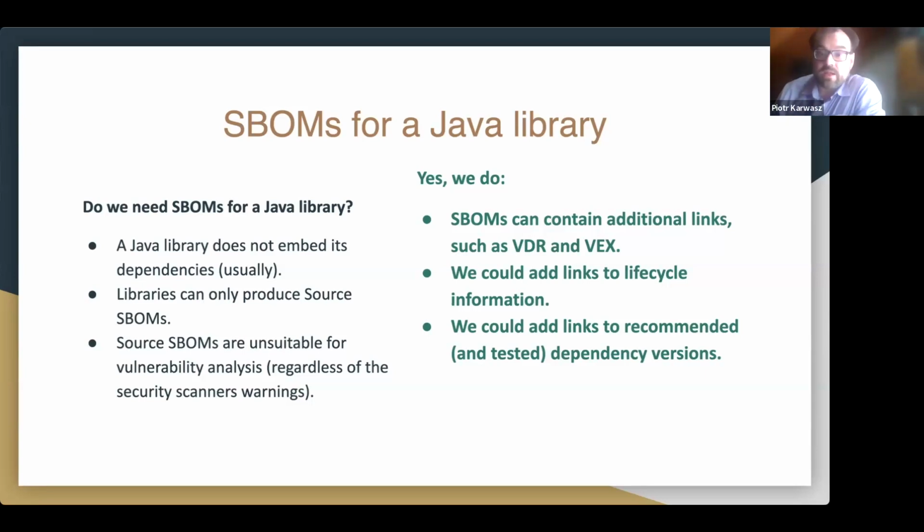An SBOM for us is a way to share additional information, to share links to our VDRs, links to our VEXes, links to the lifecycle information that was mentioned before.